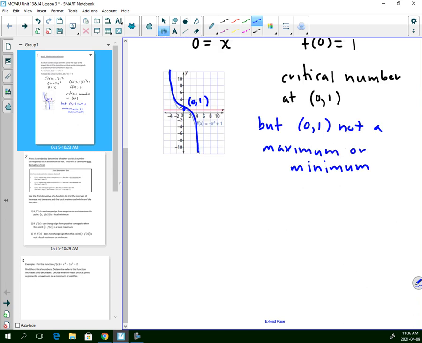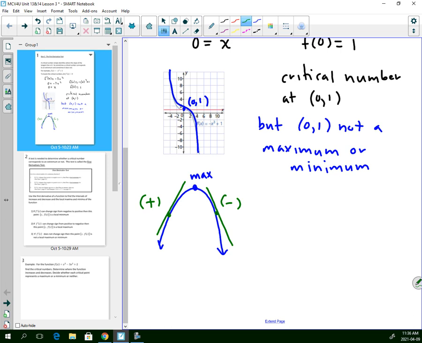So if you think about it, the first derivative, or the derivative, is the slope of the tangent. So if we think about a function that has a maximum, and we drew a tangent line on the left, and then we drew one on the right, we can see that here we have a positive slope, and here we have a negative slope.